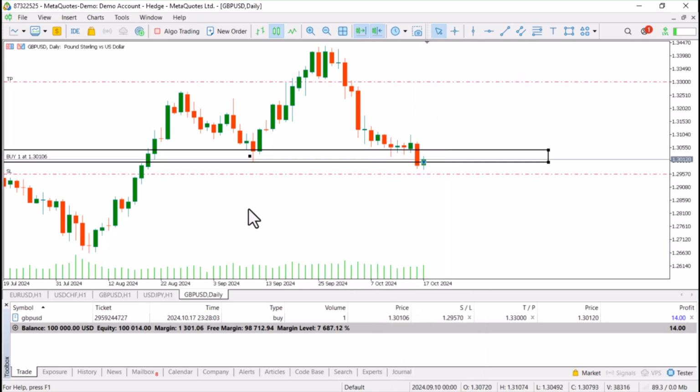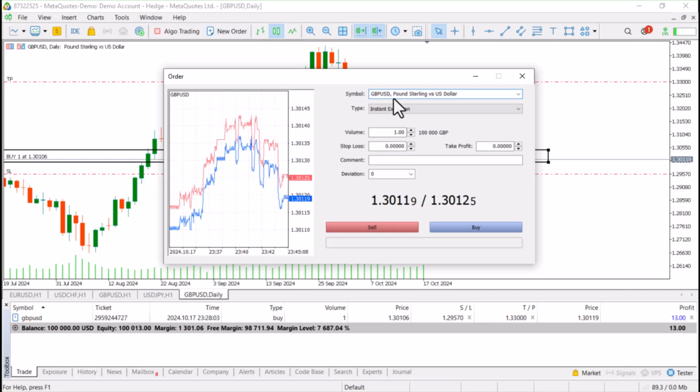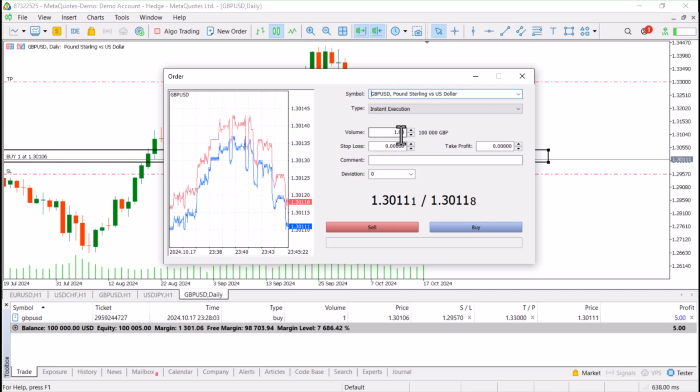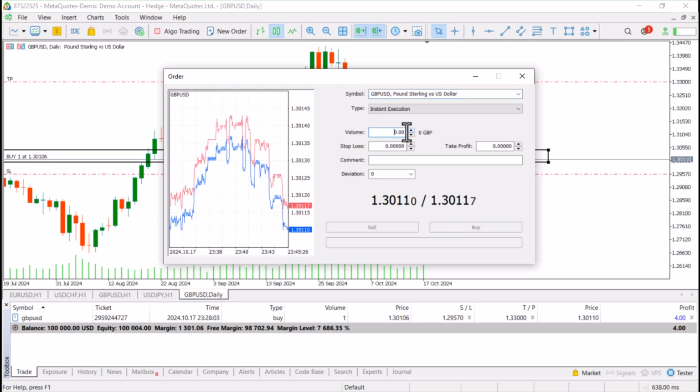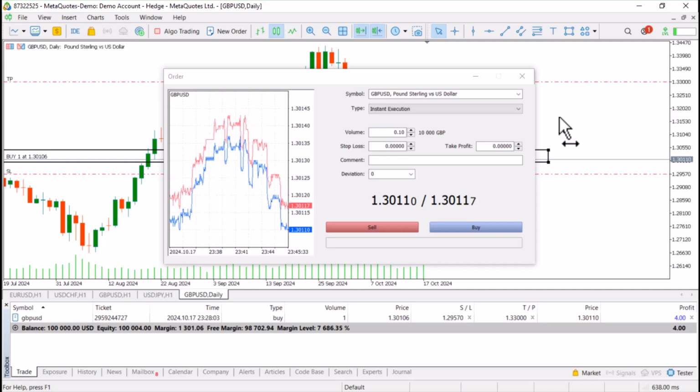On this MetaTrader, let's click on new order, British pound USD, market execution. Now let's see the volume. On this volume you can see we have 1.00. This is a 1 lot account. If you want to trade mini, it will be 0.1. This is a mini size.